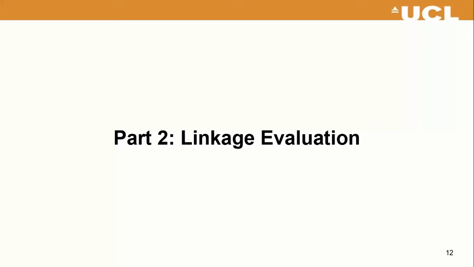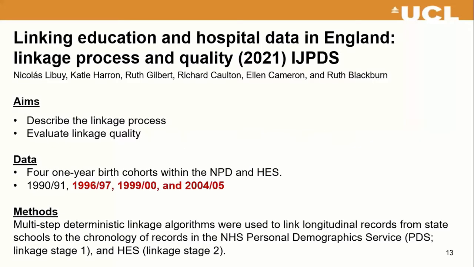Now I'm going to briefly discuss the results of the linkage evaluation for 4 cohorts. In particular, I'm going to talk about children who were born in the academic years of 1991, 1996, 1999, 2000, and 2004, 2005. 3 of these 4 cohorts are part of the ECHILD database.